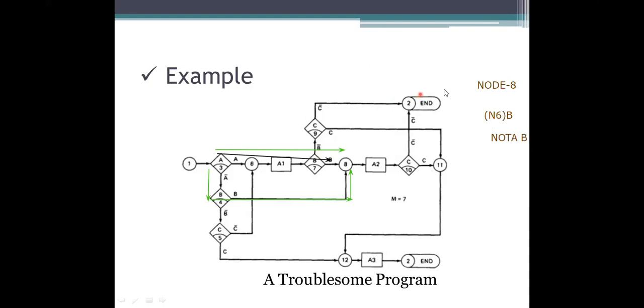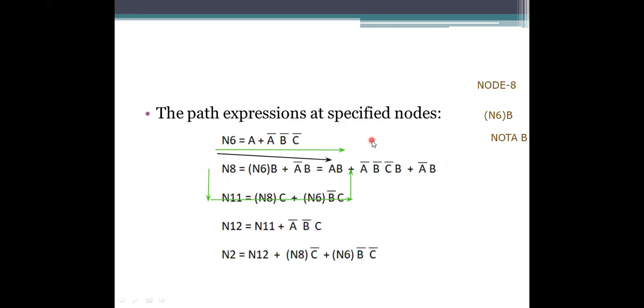Coming to the representation, see here what I am doing. I am using node 6 along with B to reach node 8, and along with A bar, meaning not A, and then B, which is equal to, we need to expand here.